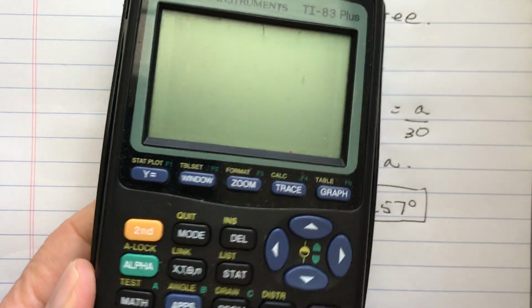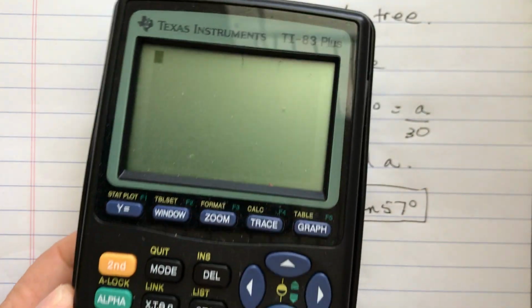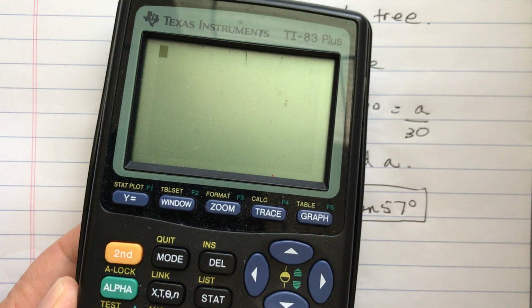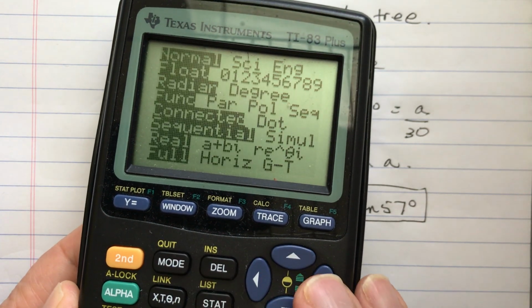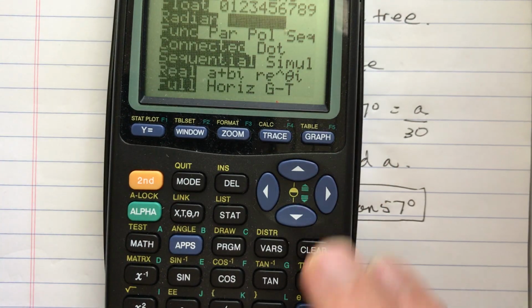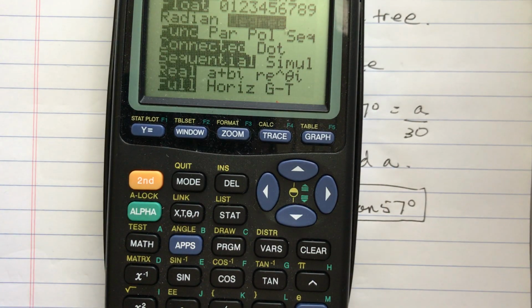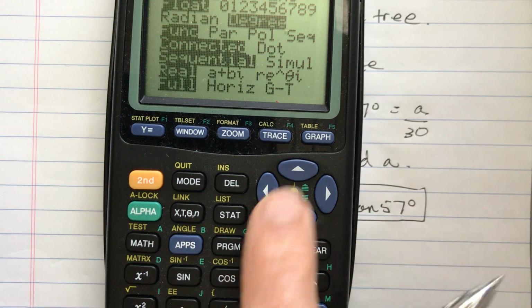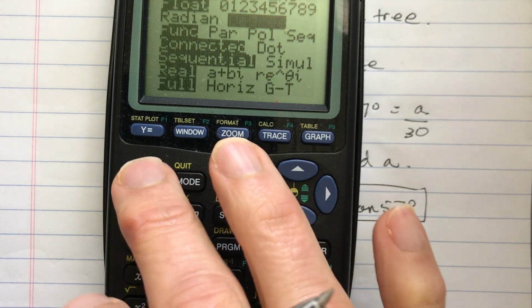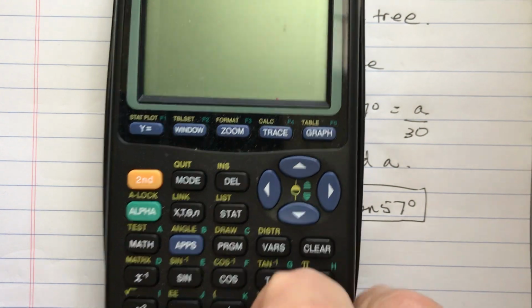Let me start from the beginning. I am going to go to mode, and then I go down to where it says radians, and I toggle over and highlight degrees. Units are really important, so we don't want to get the units wrong.